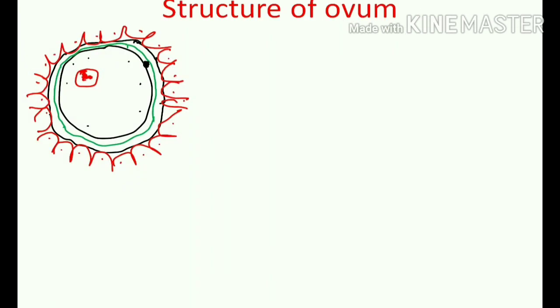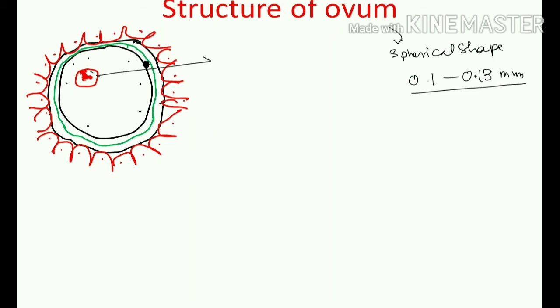Here I will discuss the structure of the mature ovum, which is spherical in shape, and the diameter of this mature ovum is 0.1 to 0.13 millimeter, which is much larger than the mature sperm. This portion is the nucleus, which is very large and is also called the germinal vesicle.